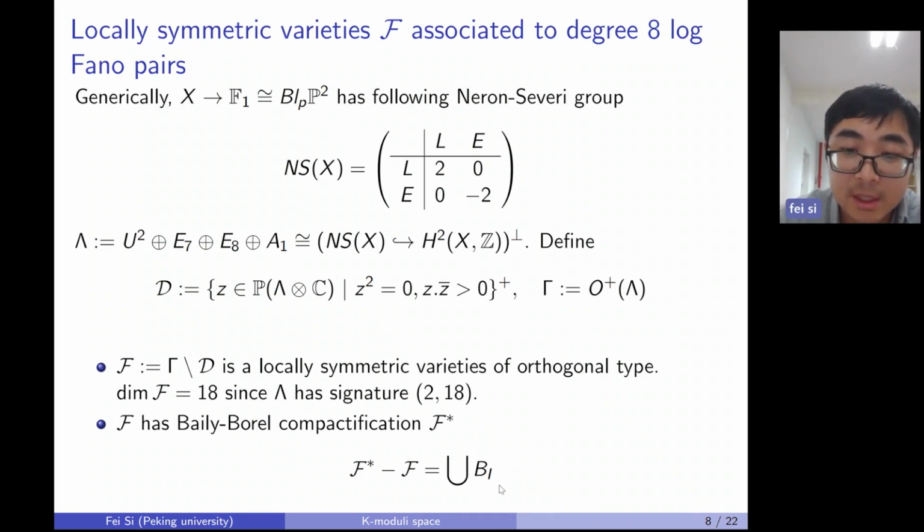This is because the boundary of the Baily-Borel compactification is determined by isotropic subspaces in this lattice, but you need to base change to rational coefficients, that is, a rational vector space.